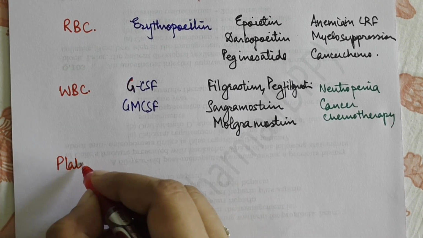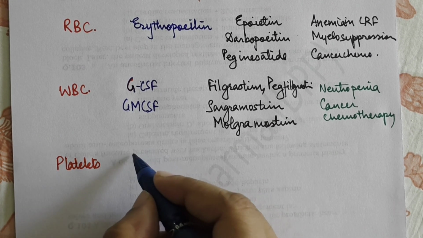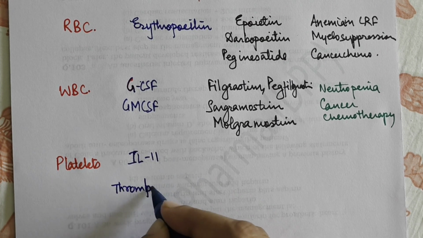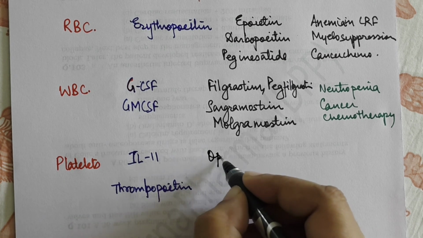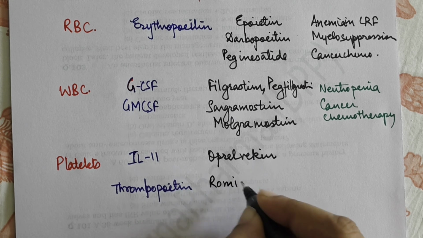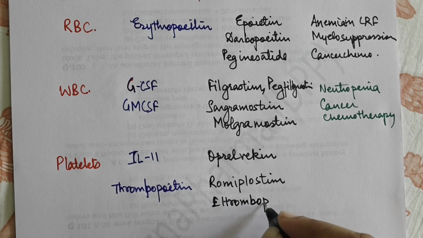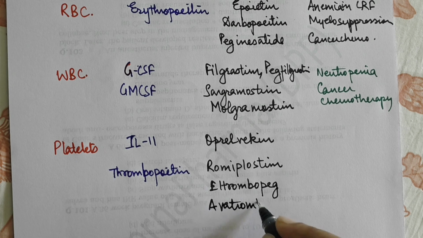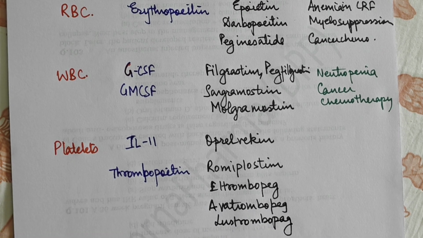Next we have platelets. What are the growth factors for platelets? One is interleukin 11 and the other is thrombopoietin. For interleukin 11 we have oprelvekin, and for thrombopoietin we have romiplostim, eltrombopag, avatrombopag and lusutrombopag.